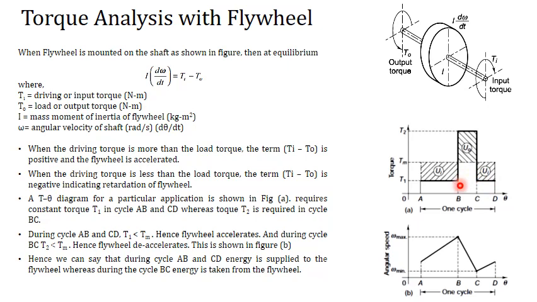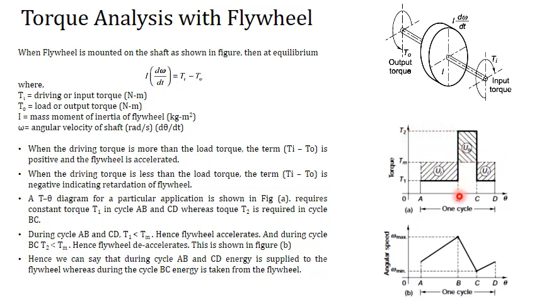But during the cycle period BC, the maximum torque required is T2 and the torque provided by the system is smaller than the torque required.